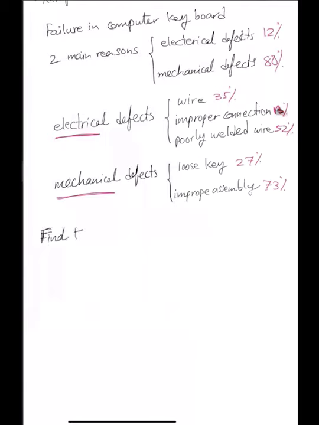Find the probability that a failure is due to a loose key. So we pick a failure, a random keyboard, and we look at its defect.